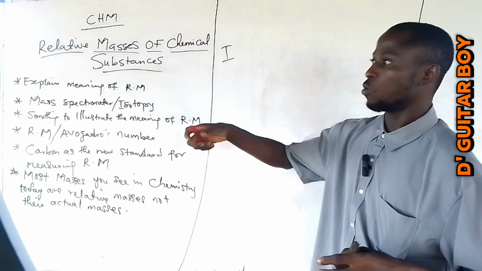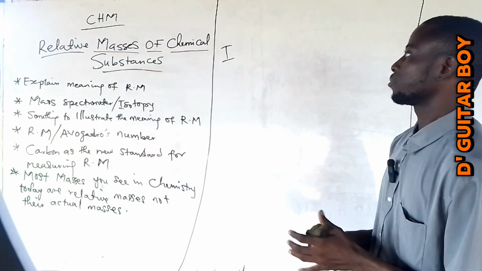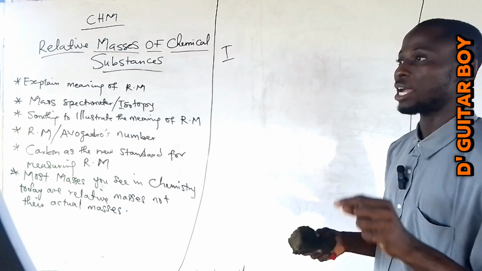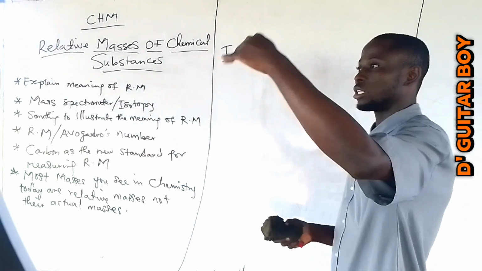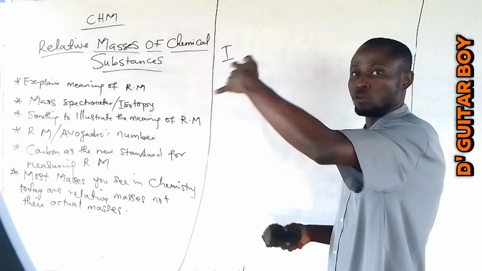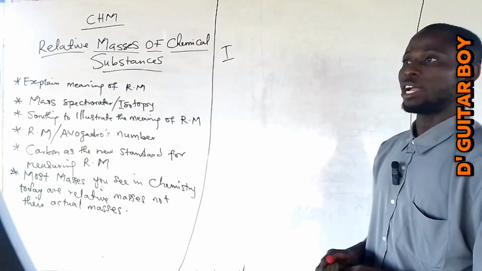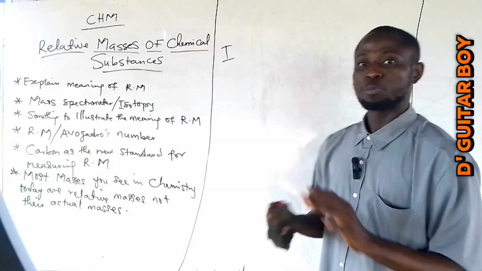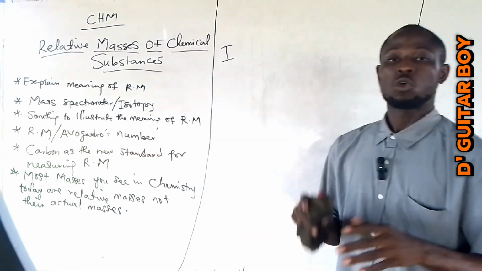According to the actual mass of that unit, you assign values to all of them relative to that of hydrogen. So hydrogen was the lightest and was a reference point from which other substances were measured.